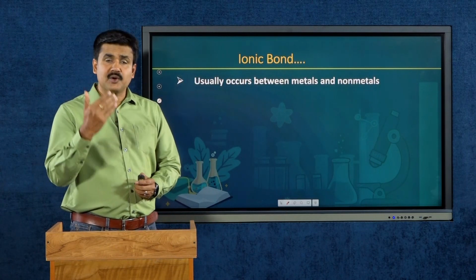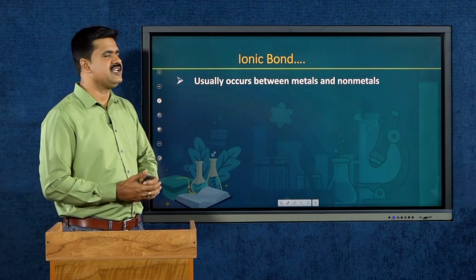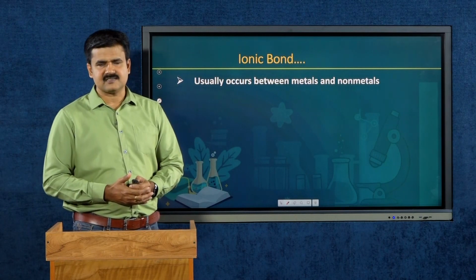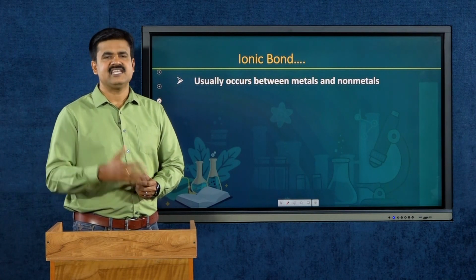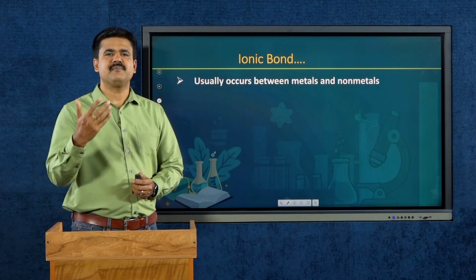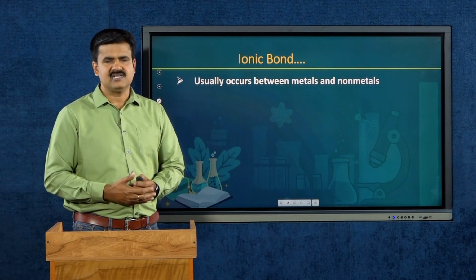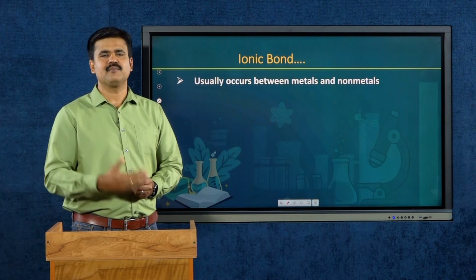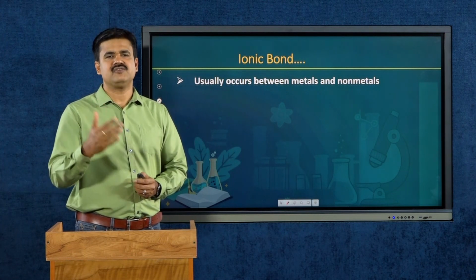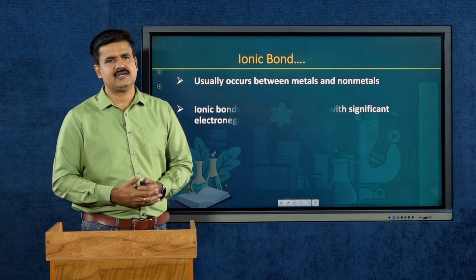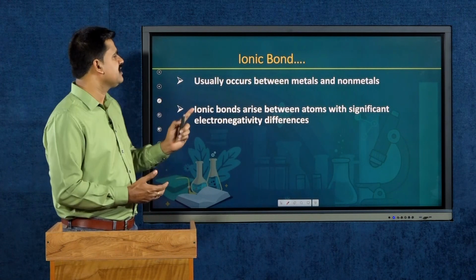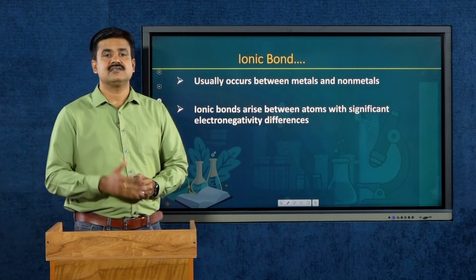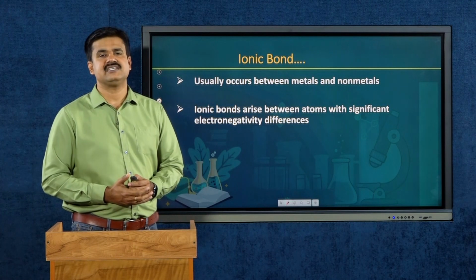Usually, ionic bond formation occurs between metals and non-metals. I just mentioned earlier that NaCl consists of sodium metal and chlorine non-metal. So, the ionic bond in NaCl is between a metal and a non-metal. Ionic bonds arise between atoms with significant electronegativity difference.